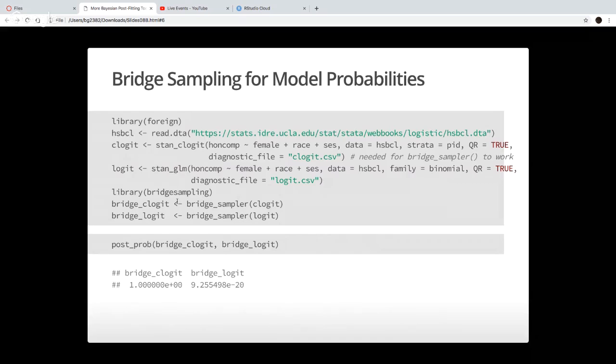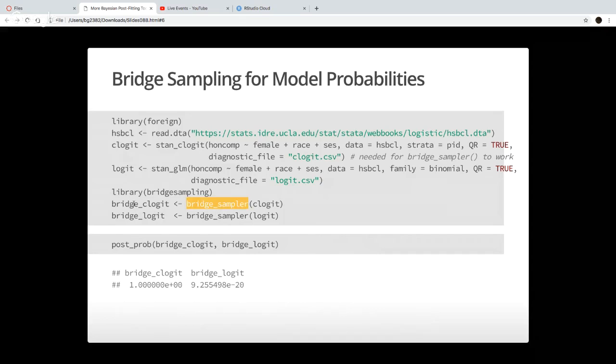And you can get at that with the bridge sampling library. If you're going to do that, you have to specify an additional argument when you call the thing in rstanarm: diagnostic_file equals some string. That will save some additional information to a CSV file on the disk that the bridge sampling package needs to access in order for it to do its thing and estimate these posterior probabilities on models.